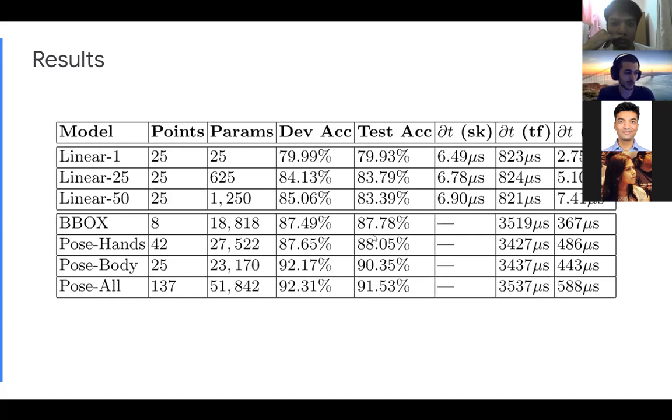Just using bounding boxes, we get 87.7%. Adding the hands, so full hands joints, gets to 88%. Having only the body though, just without the hands and the face, we're getting 90.3%. And having everything, we're getting 91.5% accuracy.